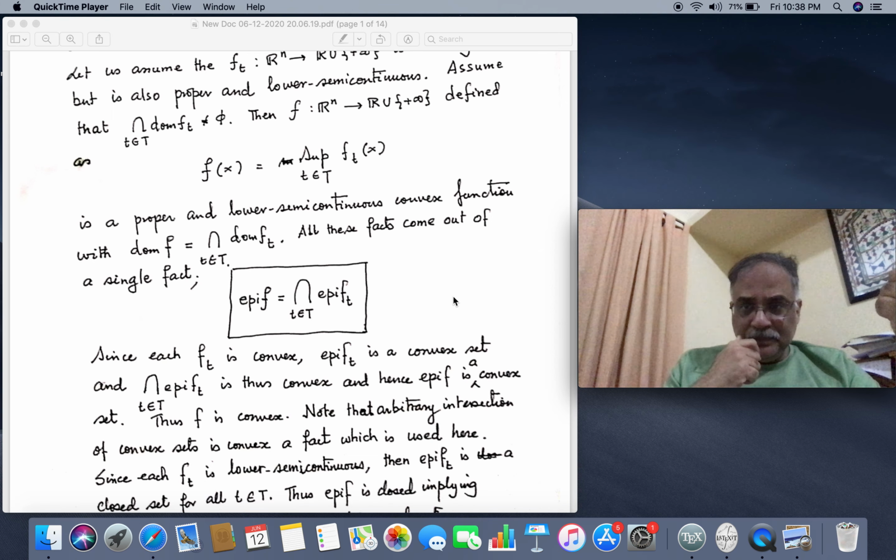Similarly, the epigraph of f_t is closed because each of these f_t is assumed to be lower semi-continuous. So the intersection of arbitrary closed sets is closed, so the epigraph of f is closed, and hence f is lower semi-continuous. Of course it has to be proper only if the intersection of dom f_t is not empty, because dom f must be the intersection of the dom f_t's, right?